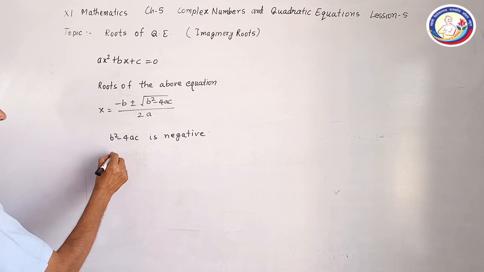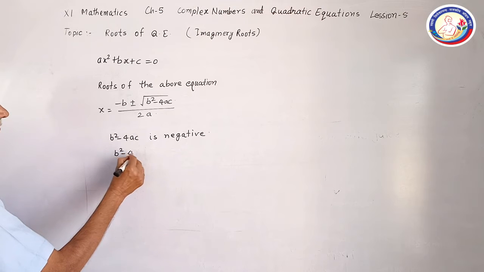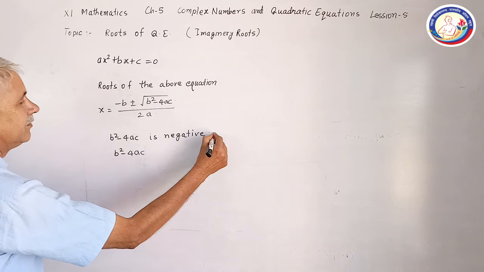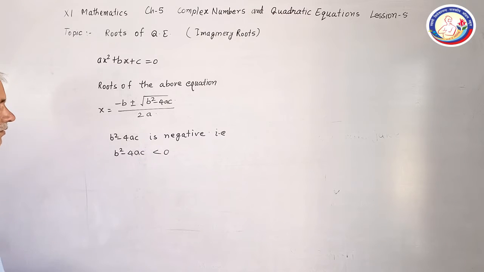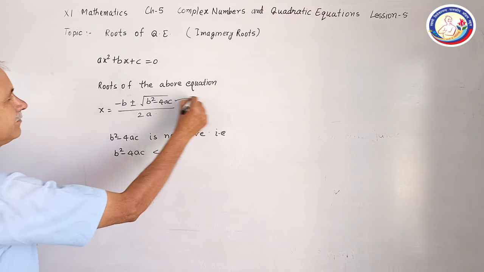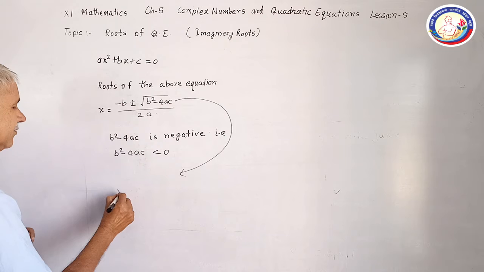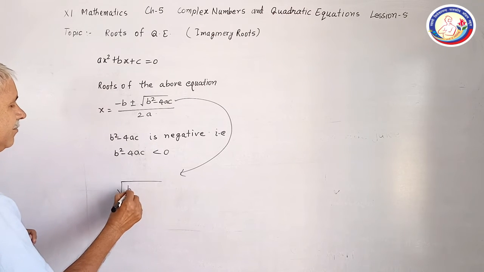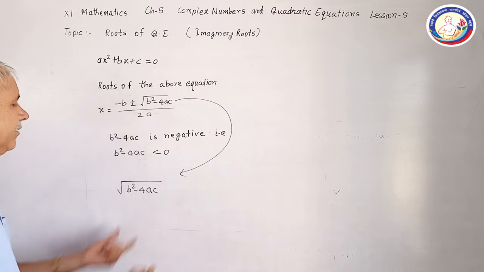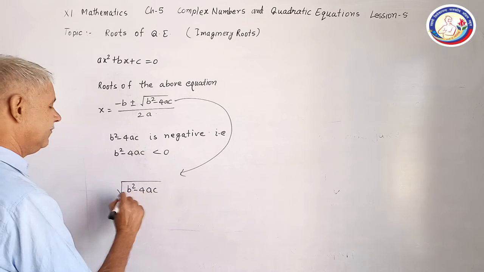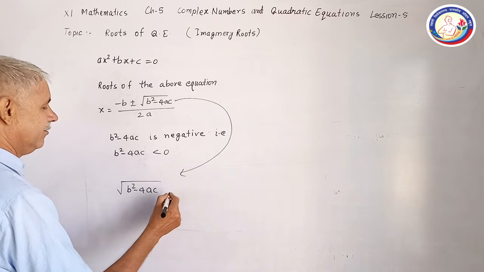it means if b square minus 4ac is less than 0, then this square root of b square minus 4ac will be negative. It will have negative value.